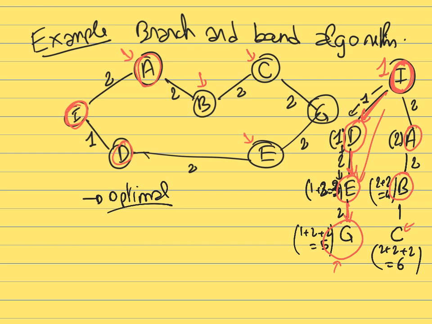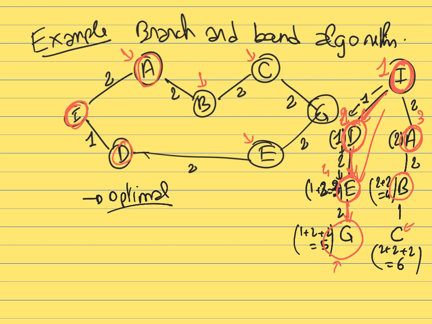Then you had to expand the state D, so that was the second one you had to expand. Then you had to expand the state A, which was the third node. Then you had to expand the state E, which was the fourth node.